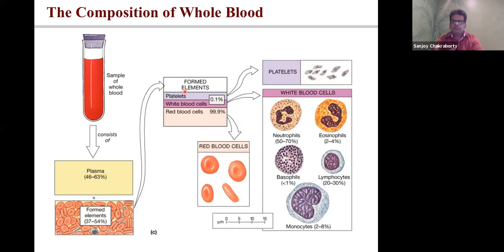Platelets average about 250,000, approximately 130 to 400,000. White blood cells are about 3,000 to 5,000. Red blood cells are in millions, 4 to 6 million per microliter of blood. So there are a lot. That is why the blood appears red, because they are the majority.